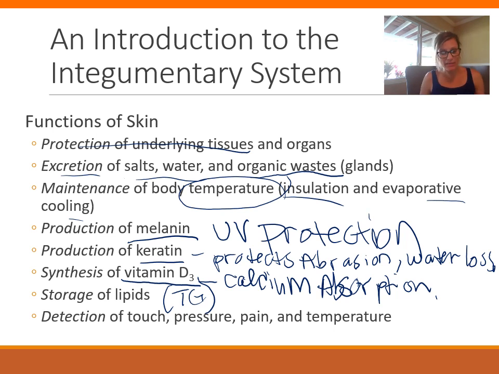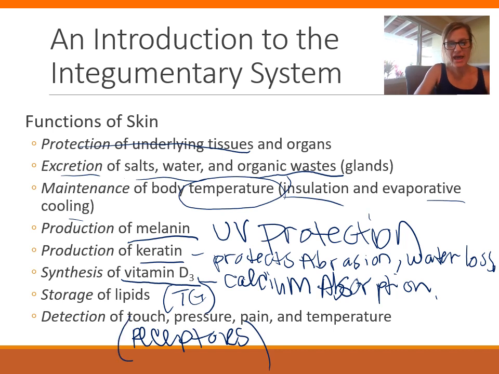And then finally, the integumentary system has numerous touch receptors that are scattered throughout the skin. These receptors allow us to sense all of our somatosenses, or somatosensory information. That's everything except the special senses. The special senses are vision, hearing, taste, all of this stuff in the special organs of the head.